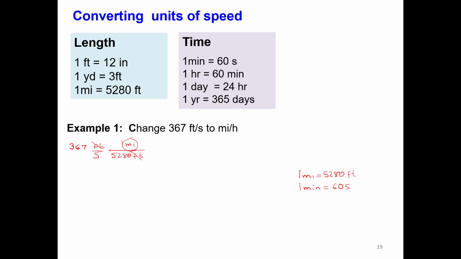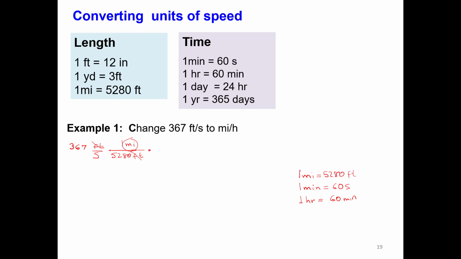And then we need to convert the minutes into hours. For minutes into hours, this is the conversion factor we need to use: 1 hour, 60 minutes. We need to write the conversion factor in the way that the unit we don't want cancels out.